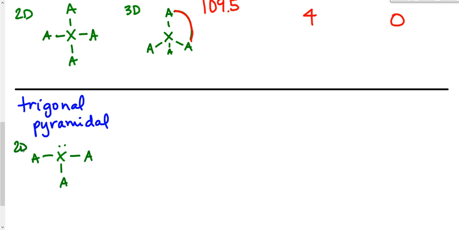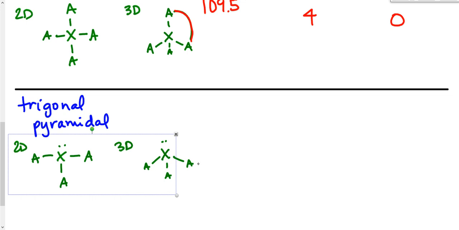So here's my 2D drawing. But my 3D drawing would look more like this. So my bond angles, from one A to another around that central atom, is going to be 107 degrees.